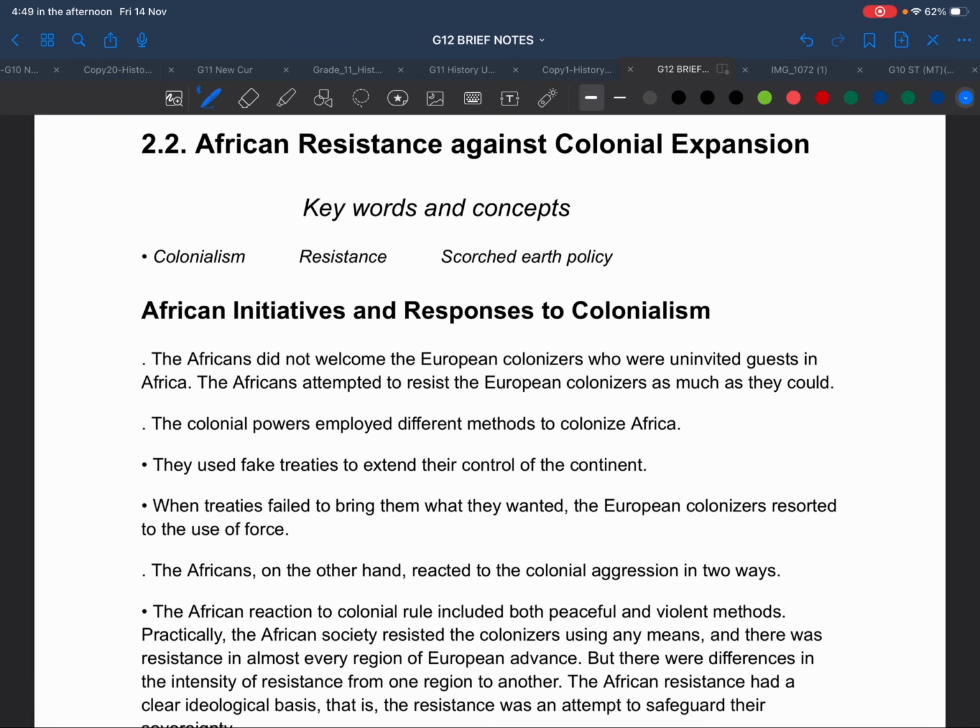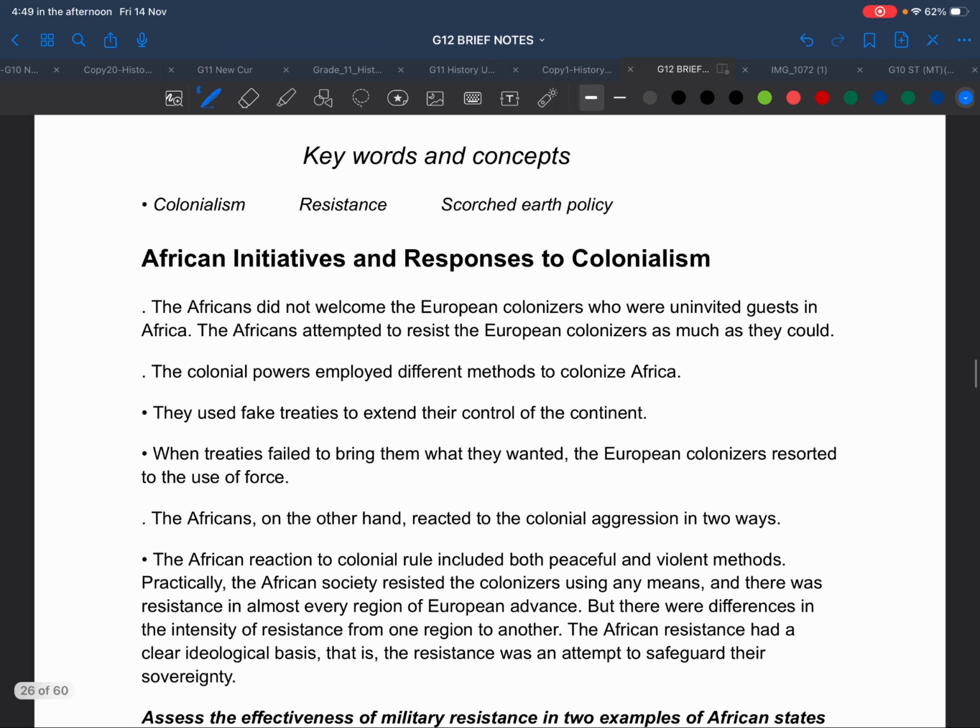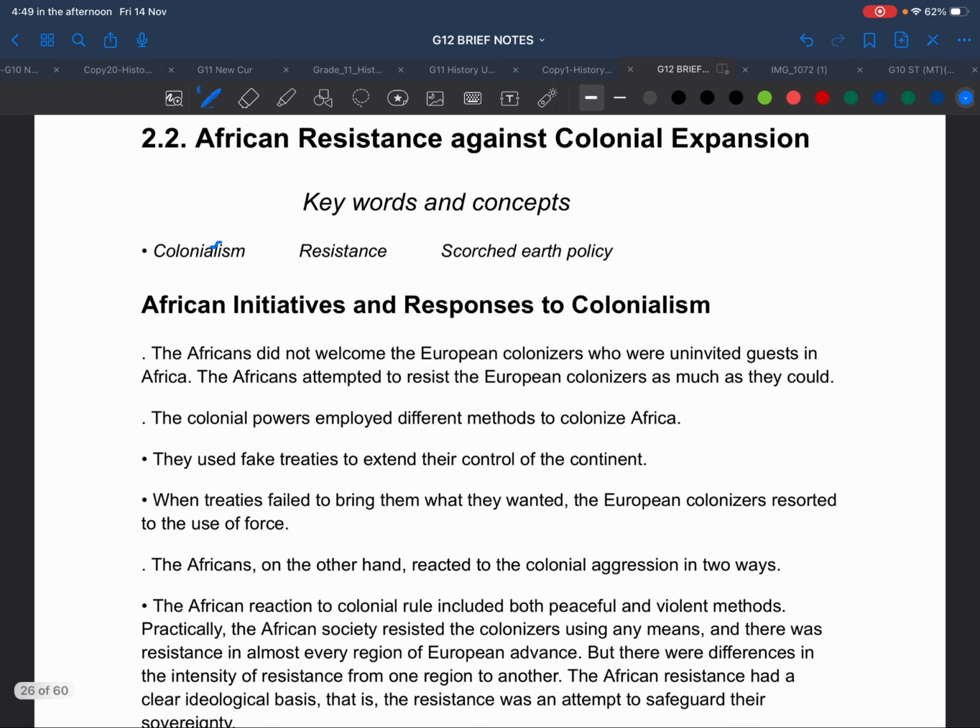African resistance against colonial expansion. Europeans, as we discussed, came into the mainland of Africa and controlled territories. What was the response from Africans, from the chiefs, local kings, emperors, and the native people? Here we are expected to know the definitions of these words: colonialism, resistance, and scorched earth policy.